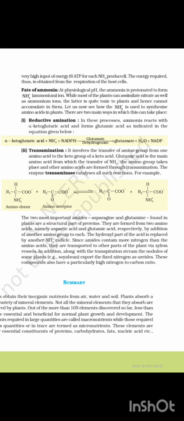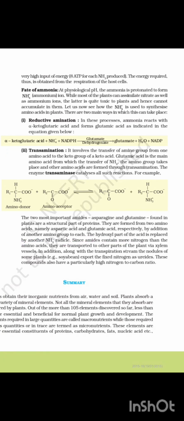For example, the two most important amides, asparagine and glutamine, found in the plant as structural part of protein, are formed from two amino acids, namely aspartic and glutamic acid, respectively, by addition of another amino group to each. The hydroxyl part of the acid is replaced by another NH2 radical.